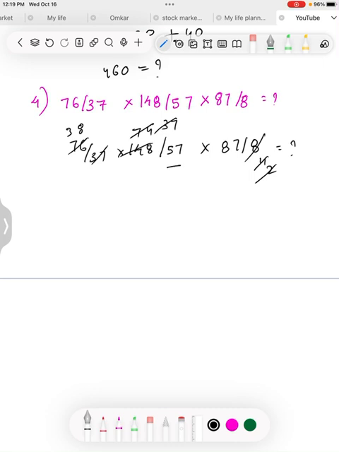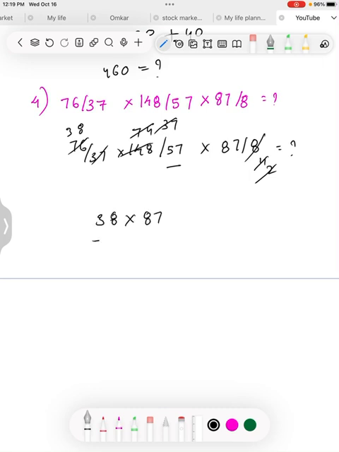It must be divided by both of this, so you can just check it out. There is 38 into 87 by 57, right?